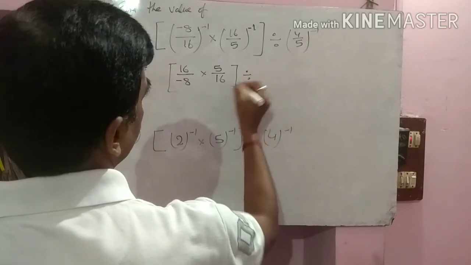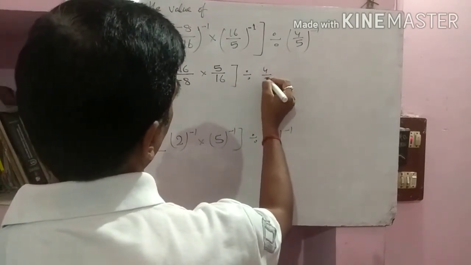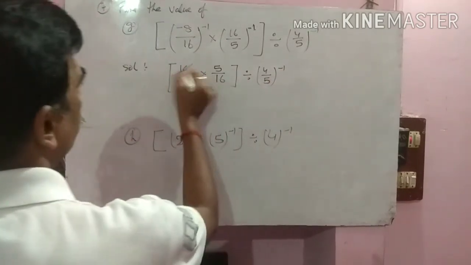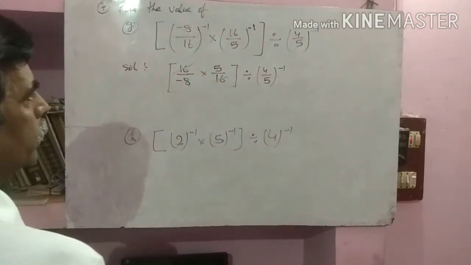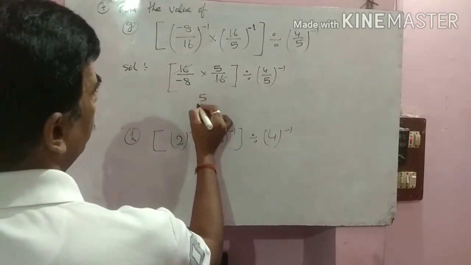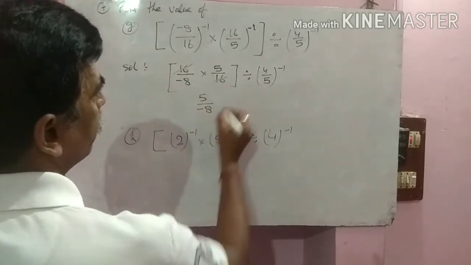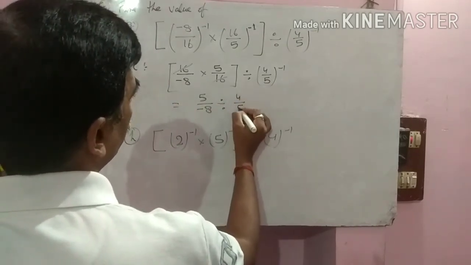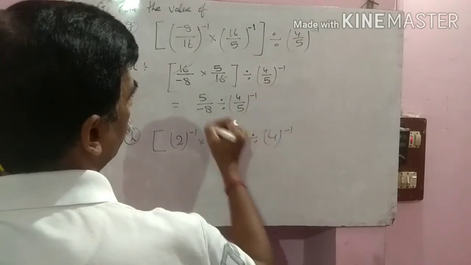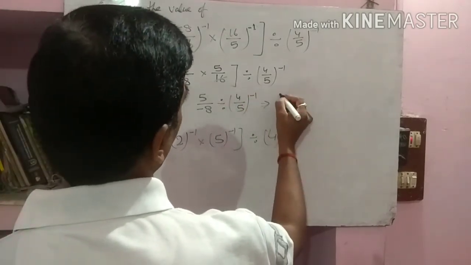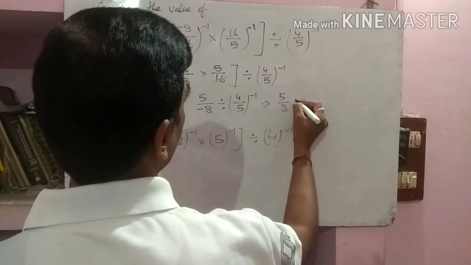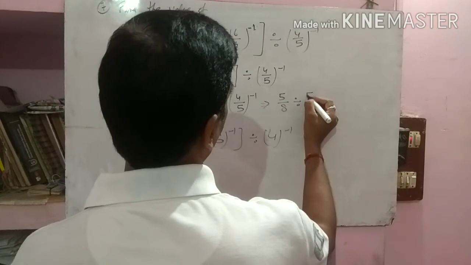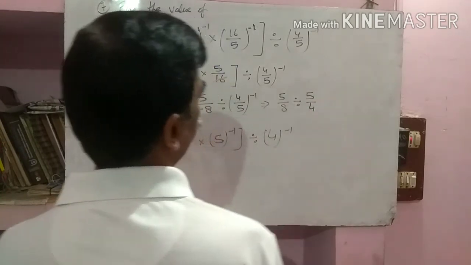And I'm just writing the same thing, 4 by 5 to the power minus 1. So it will be cancelled. 16 by 1 is just 16. Then what will we get? 5 by minus 8 divided by 4 by 5 raised to the power minus 1. So it will be 5 by 8 divided by 5 by 4.